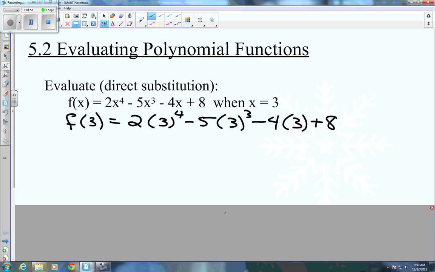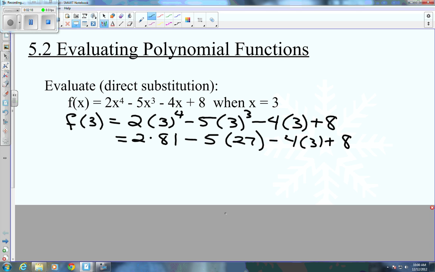Okay. So let's do the exponents first. Order of operations, what's 3 to the 4th? Anybody? 81. Okay, sorry I didn't catch it first. 2 times 81, minus 5 times, 3 to the 3rd, what's that one? 27. 5 times 27, minus 4 times 3 plus 8.